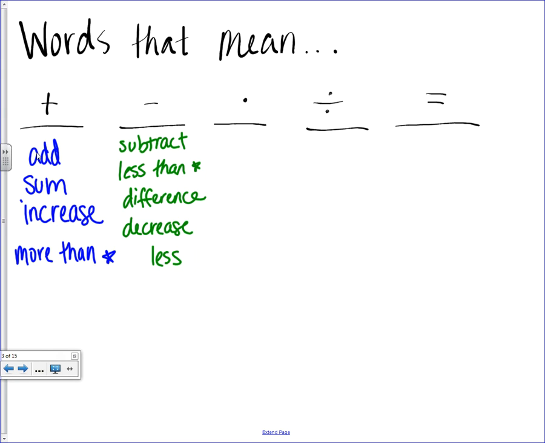Okay, how about that symbol over there? Really short word. Itty bitty word. 2 letters.